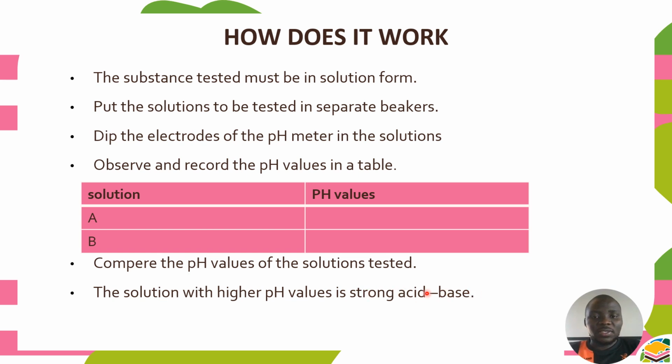If you have two beakers where one is an acid and the other is a base, it will be a little bit difficult for comparison. So here we are saying acids and bases: you can have solutions of acids only, where you want to test the strength, and you can also have solutions of bases where you want to also check on their strength.